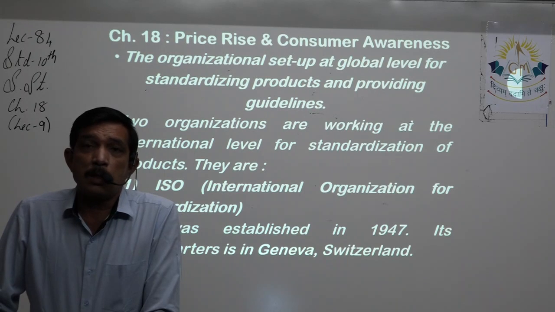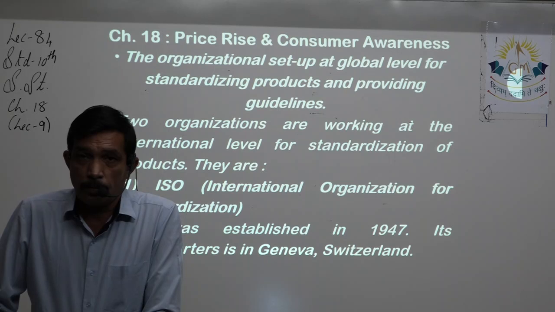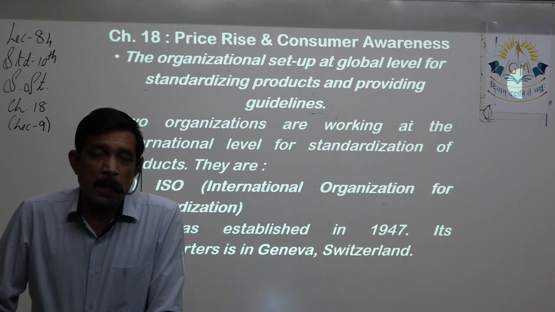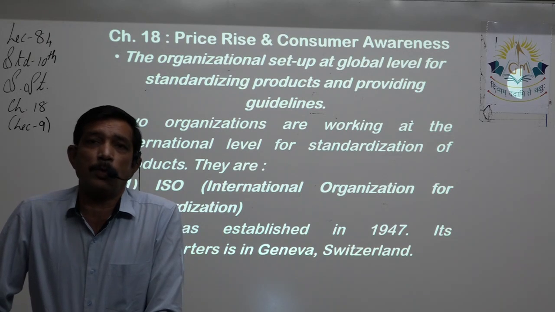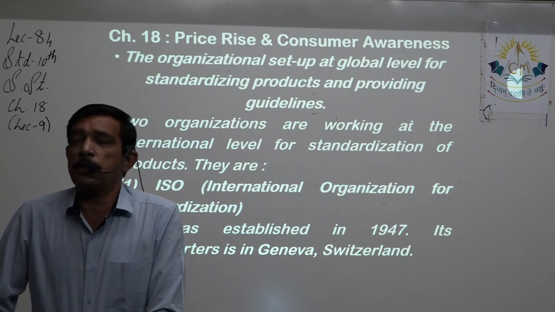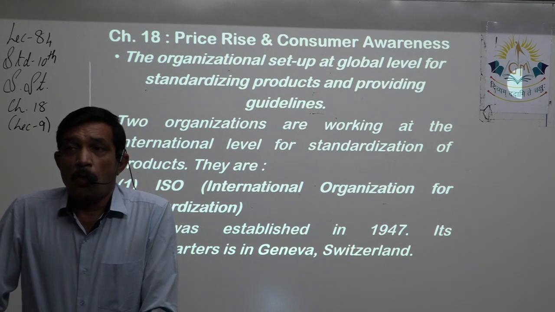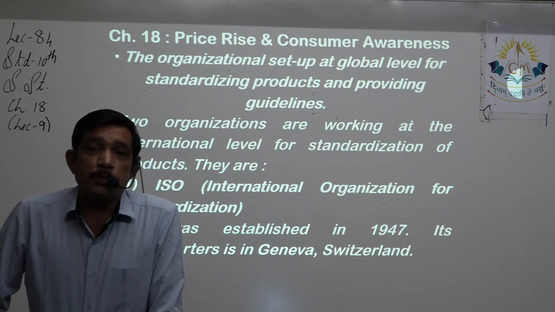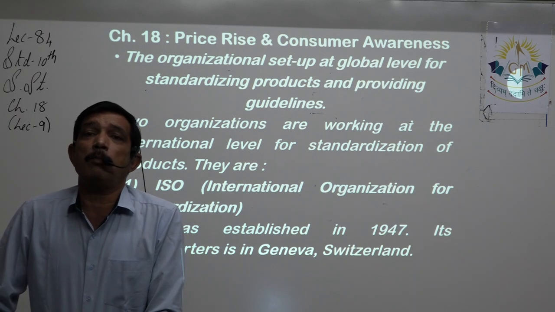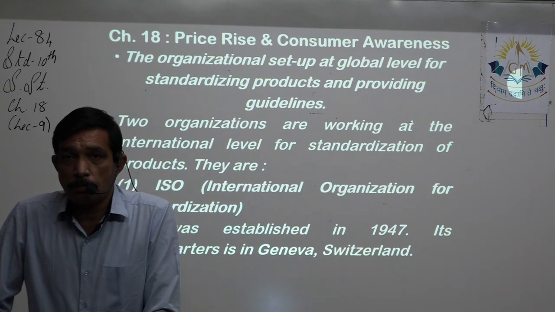But when we are selling out of our country, when we are exporting it, there should be international standards. That means whichever country is producing, say, butter or cheese, a specific type of butter, a specific type of cheese, it should have one standard method of preparing it.